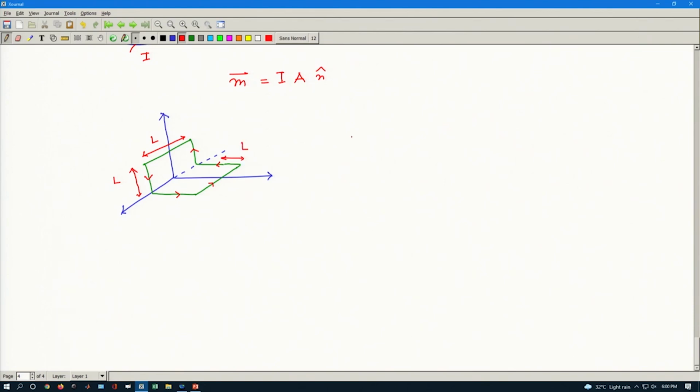According to our usual notation, m is current into area, and here we have two areas. So, let us divide m into small m1 plus m2. Small m1 is current into area; if this length is L, this is L square, and the direction should be along z. Let me put it as x, y and z.